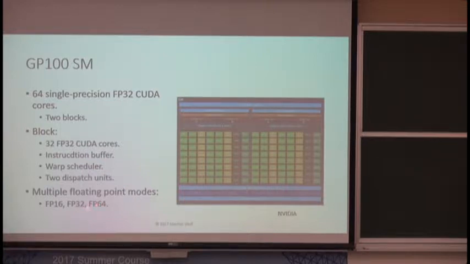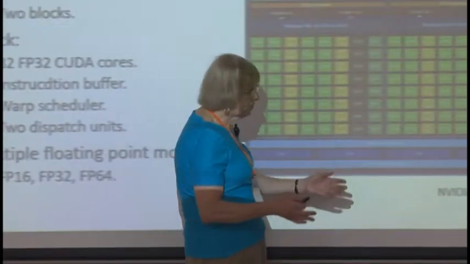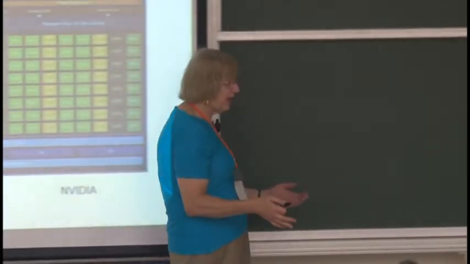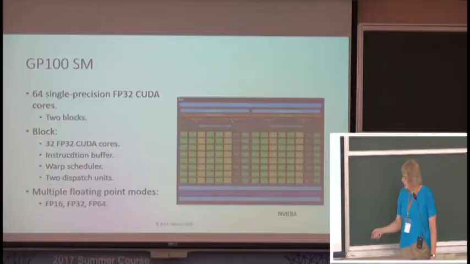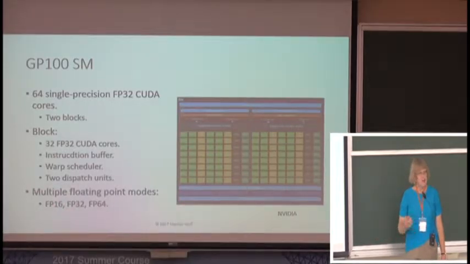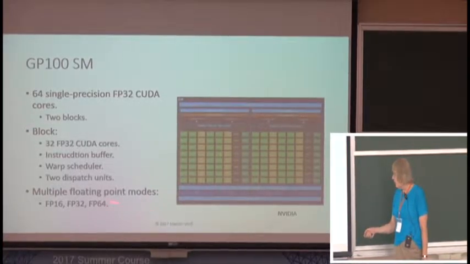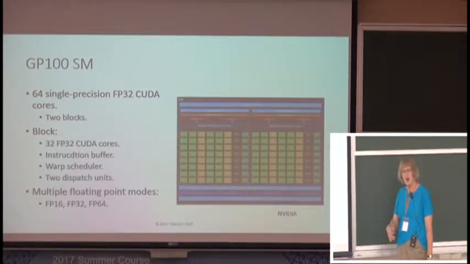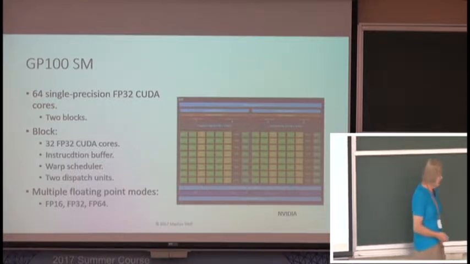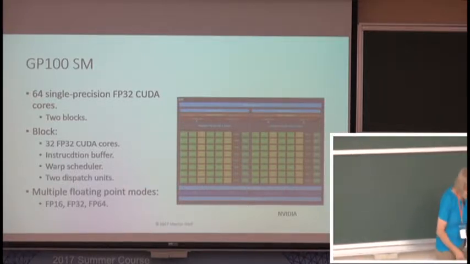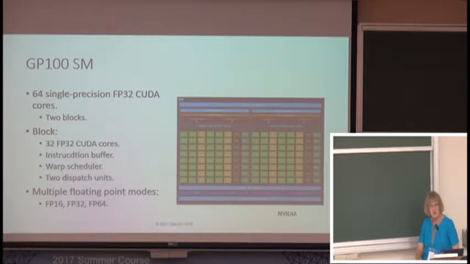Well, half as many operations, and 16-bit floating point, in which you basically take a 32-bit unit and split it in half, so they can do 2 at a time. 16-bit floating point sounds limited, and it is, but for a lot of operations that may be sufficient. Okay? So the ability to control how much precision you put down and how much parallelism you're going to get is an important part of the appeal of GPUs.